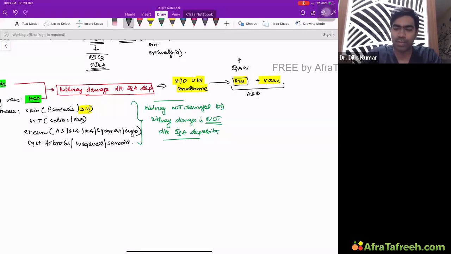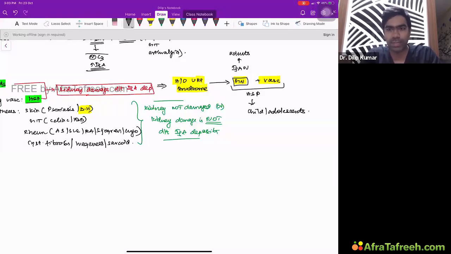So typically IgA nephropathy is a disorder that is seen in adults, and Henoch-Schönlein purpura is something that is seen in children and adolescents very commonly. This is what is happening here. So, which means what we are actually seeing is a same disease, but with a different spectrum of manifestations.